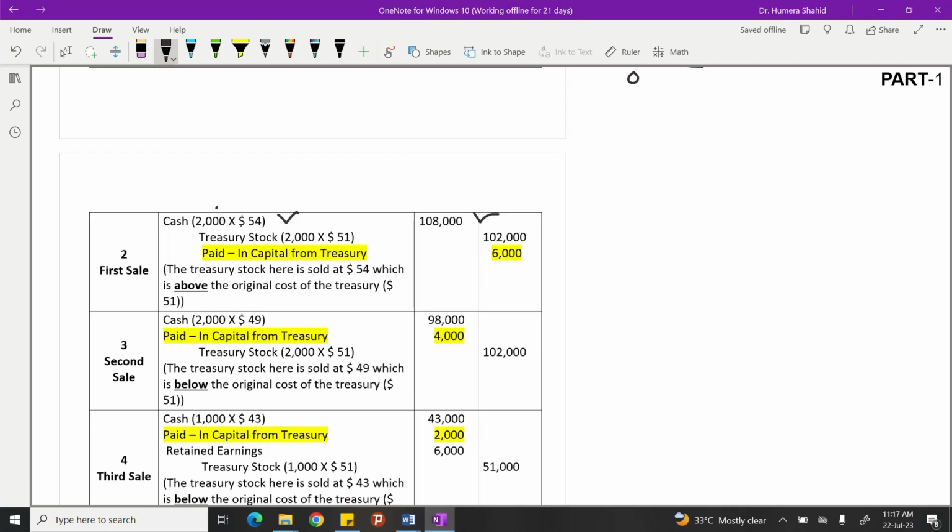Treasury stock is credited with its cost, 51 per share, that is 102,000. How much excess are you charging? See, 51 was the cost, 54 is the issue price, so $3 extra for each. So for 2,000 shares, that comes to 6,000.